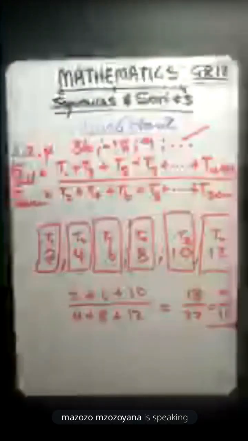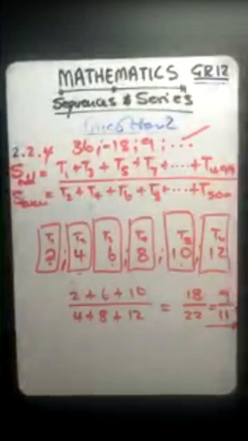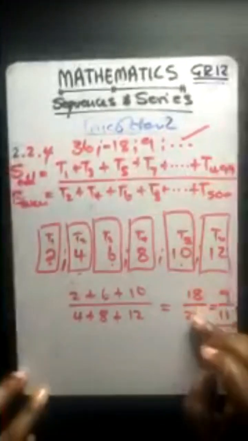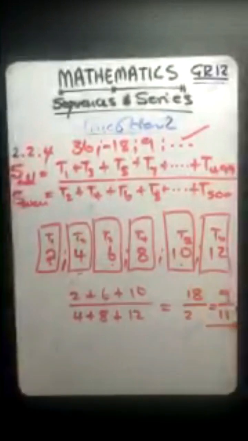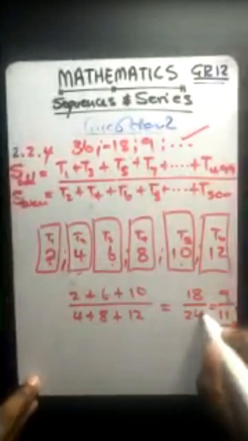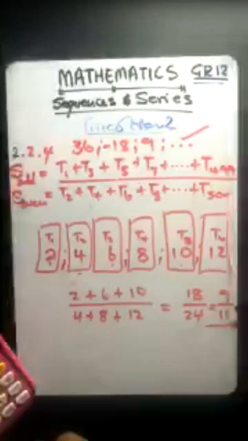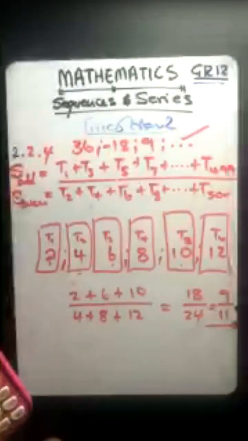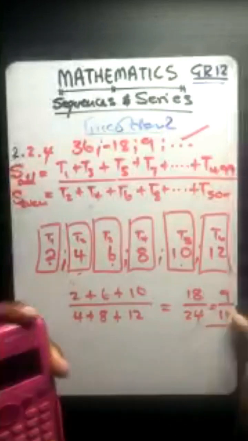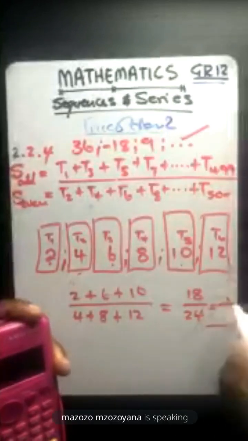Matima says it's 18 over 24, not 22. Oh, yes. So that means we're together. But do you get the concept? So it's 3 over 4.